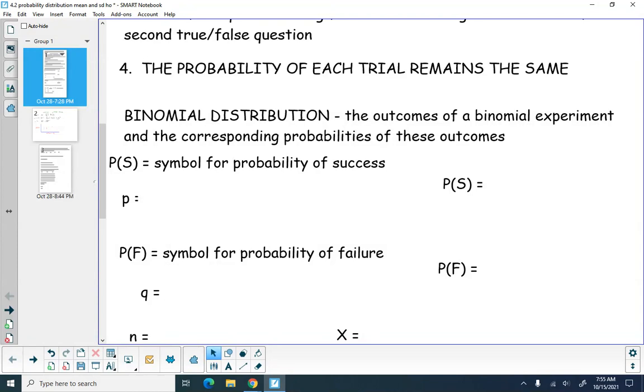Now, you have to put in your mind what is a success and what is a failure. Sometimes a success is a negative consequence because of the conditions given within the problem. But when we're talking about a binomial experiment, what you should think about when going through these problems is that I'm either going to have success or I'm going to have failure.